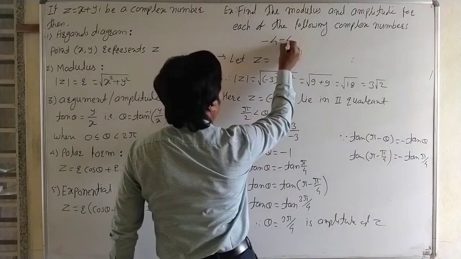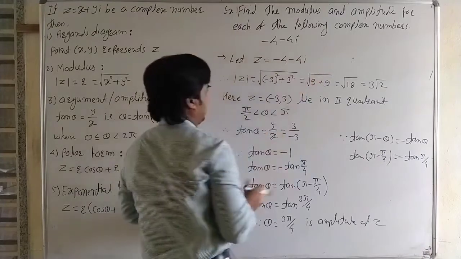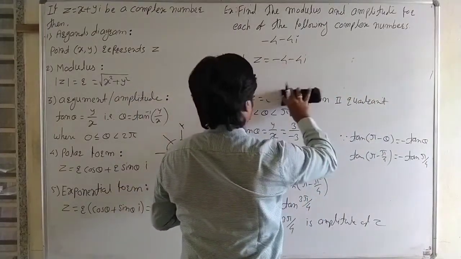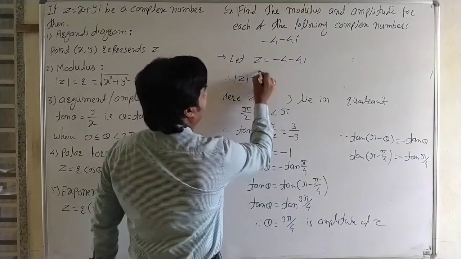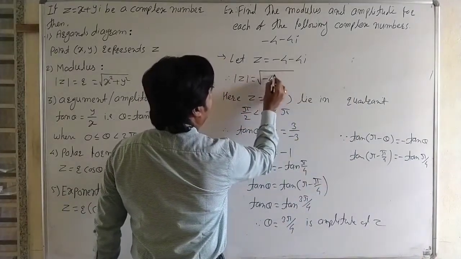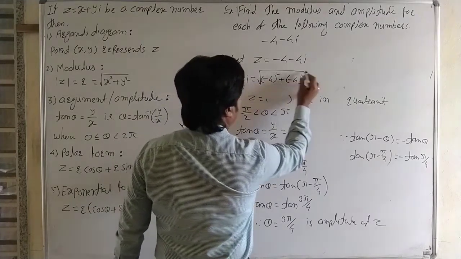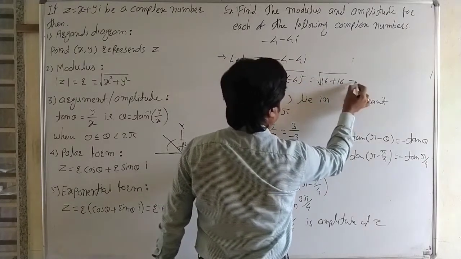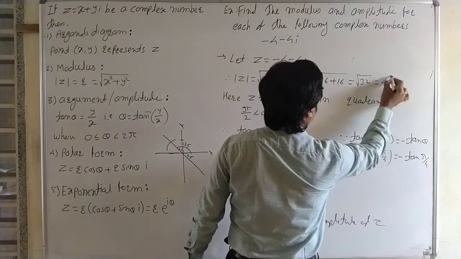-4 - 4i. Here (-4)² + (-4)² is equal to the square root of 16 + 16, that is the square root of 32, and the square root of 32 means 4√2.